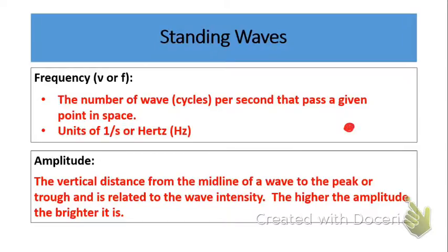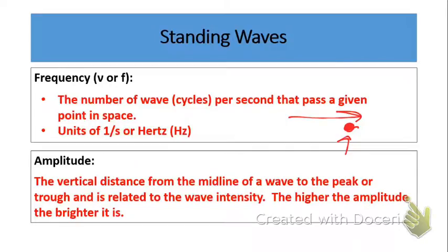And what we're going to do is we're going to count the number of waves that pass that given point in 1 second. And that will give us the frequency. So, for instance, usually we would count the number of wave crests that would pass this point in every second. The units for that are either going to be in hertz or in cycles per second.